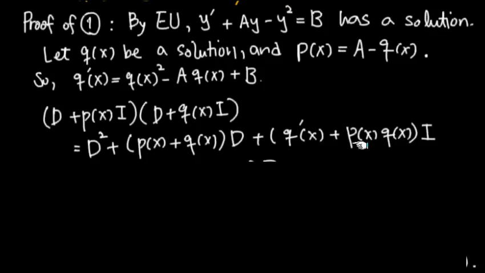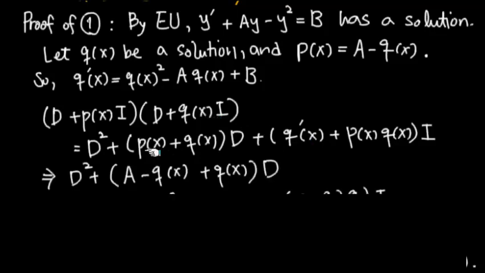We have the usual p(x) times q(x), but q prime of x kicks in, which is the coefficient of I in the second factor. Now, if you replace p(x), which was set to be a minus q(x), it's easy to see that's simply a here, so that recovers the coefficient of the D part.